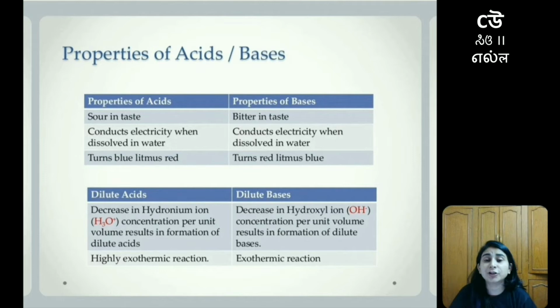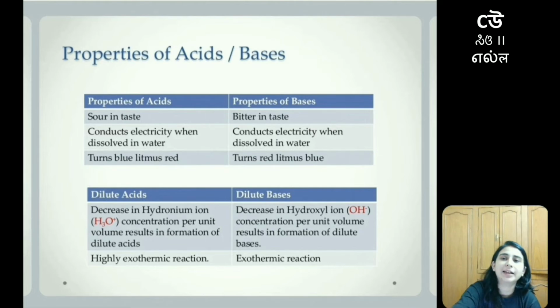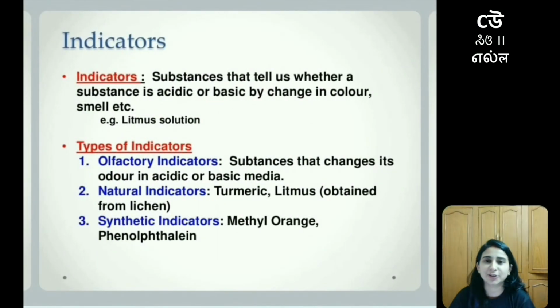Talking about calcium carbonate, here calcium carbonate on receiving heat, that is thermal energy, will decompose to give out calcium oxide and carbon dioxide gas. So with this I have explained exothermic as well as endothermic reactions.